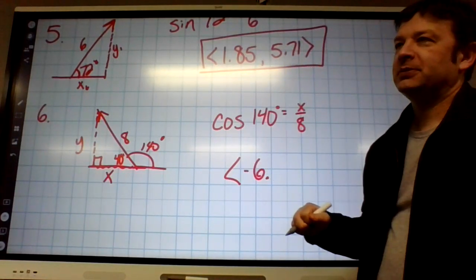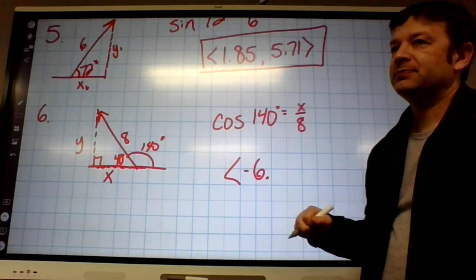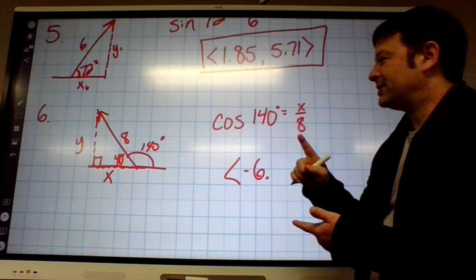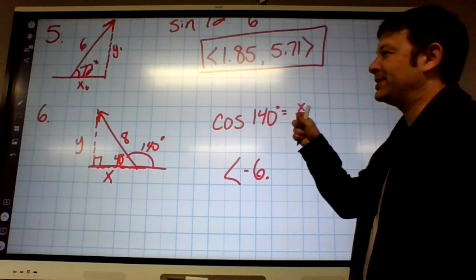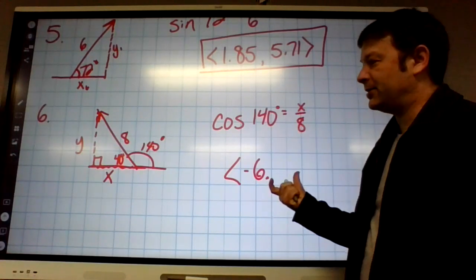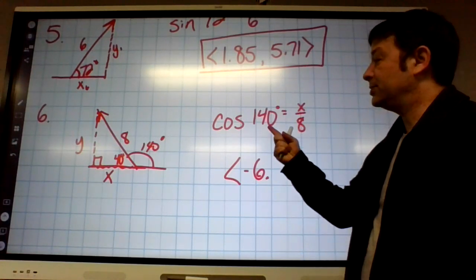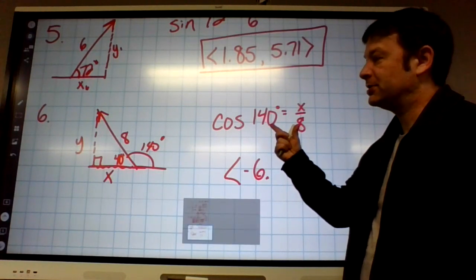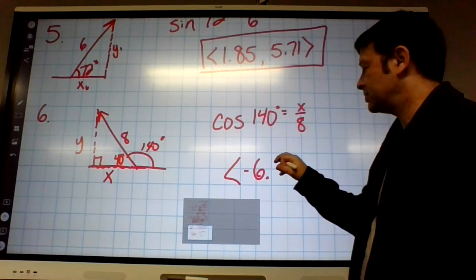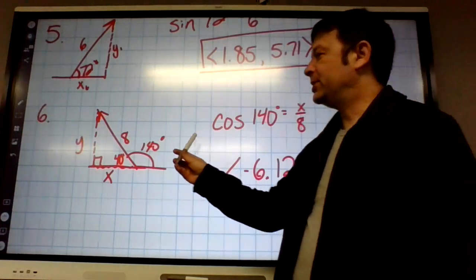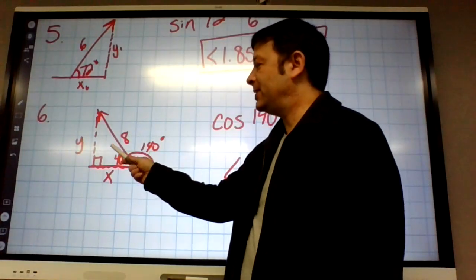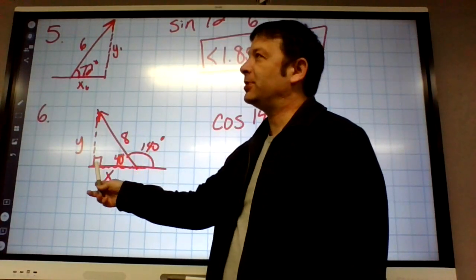I didn't get a negative on that. Yeah, it's just 6.1. Okay, it's either cosine of 40 times 8 and then you make it negative, or you just do cosine of 140. Negative 6.12. Okay, when the angle is over 90 degrees, the x coordinate is going to be negative.